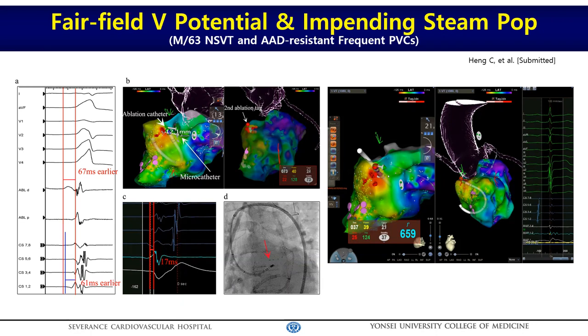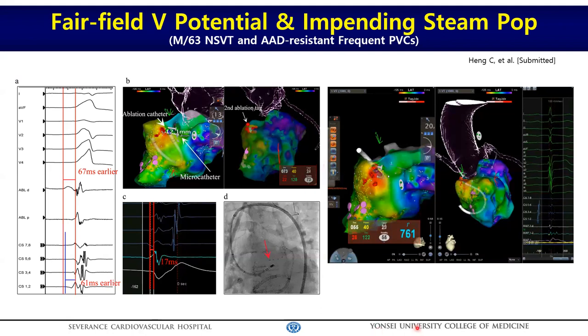However, during the second insurance ablation with 40 watts, the ablation catheter was slightly displaced toward the epicardial side on the 3D map.